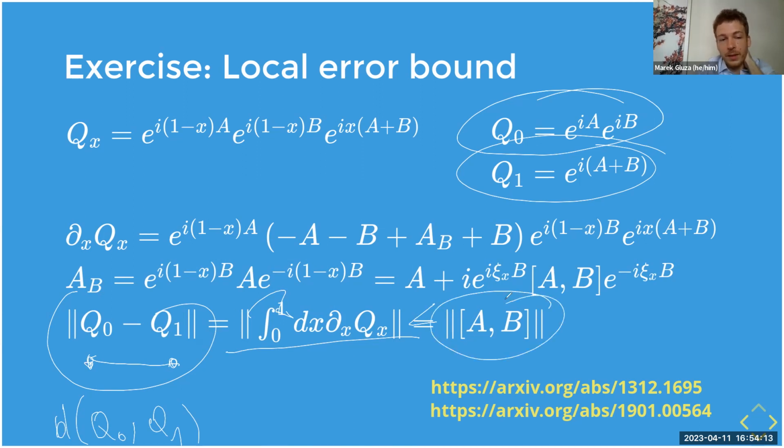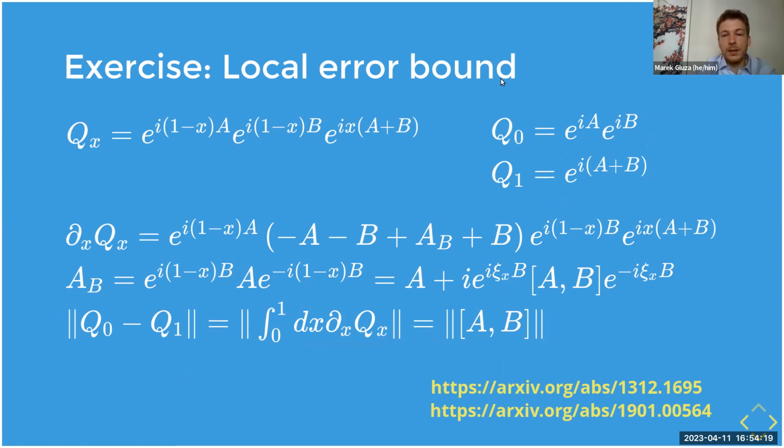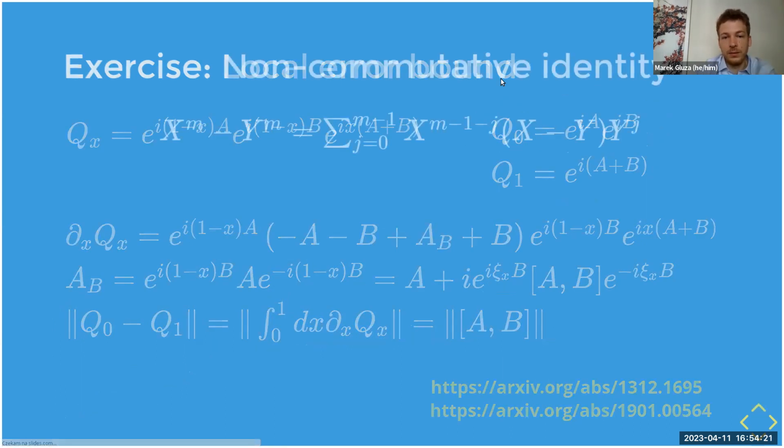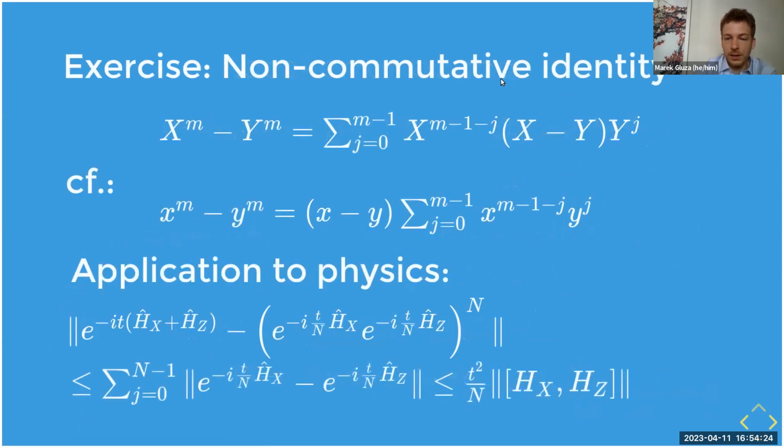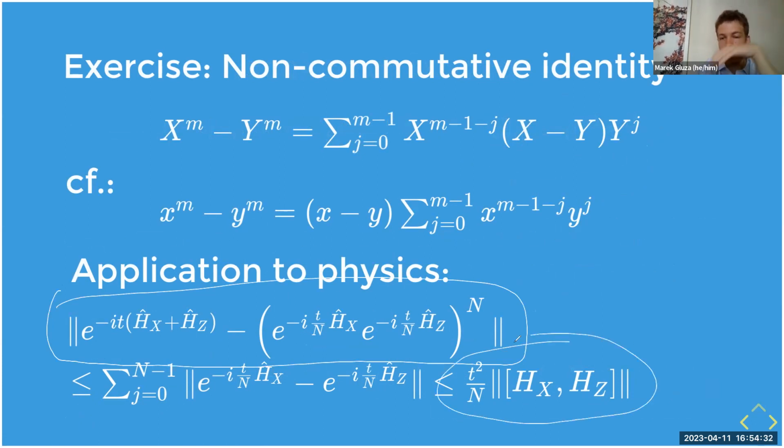That's the point. And then we take the norm, put the norm inside and get an inequality in terms of the commutator. Okay, so what we get is that basically the split evolution here differs from the small evolution here by this factor.